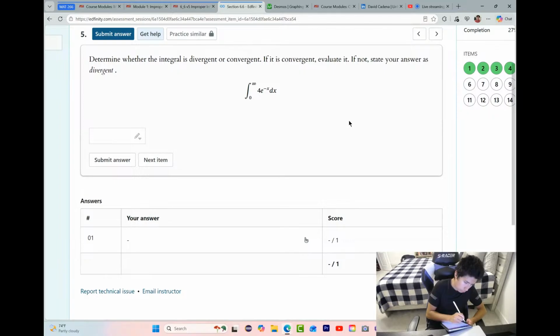Same question, different problem. All right, this looks tougher. We have an E, but it's totally okay. We're not going to freak out.